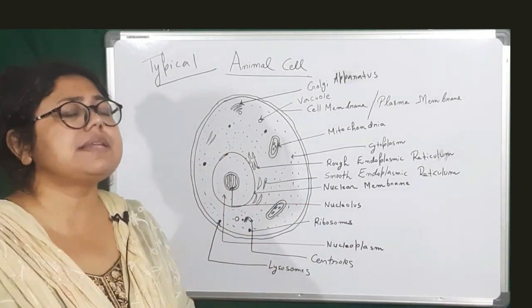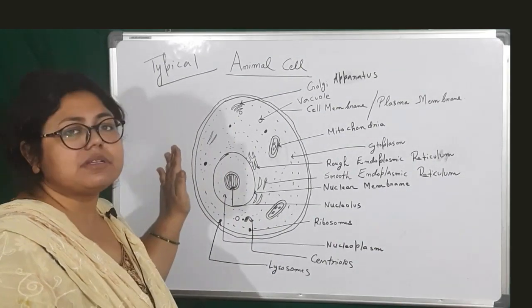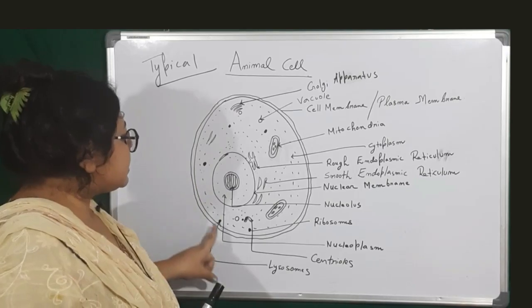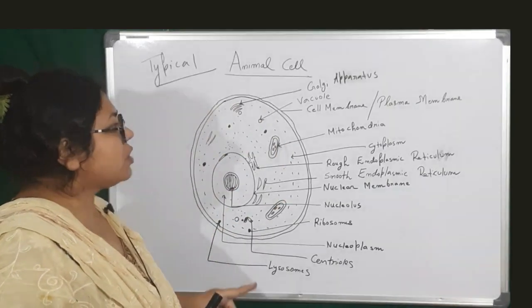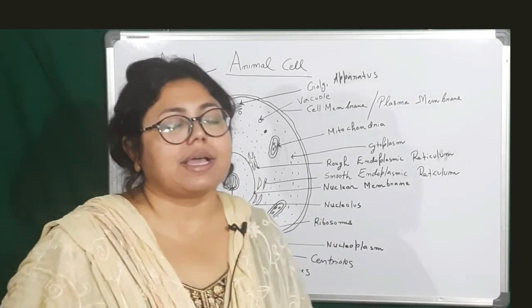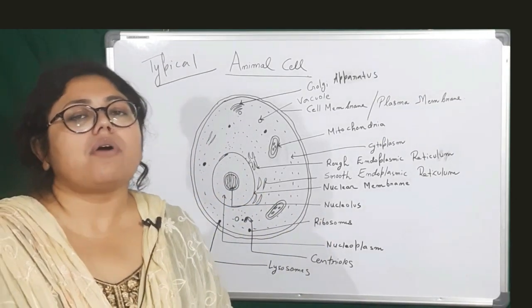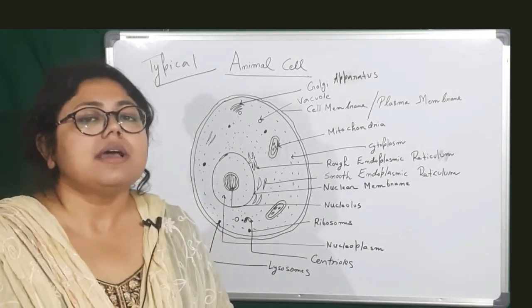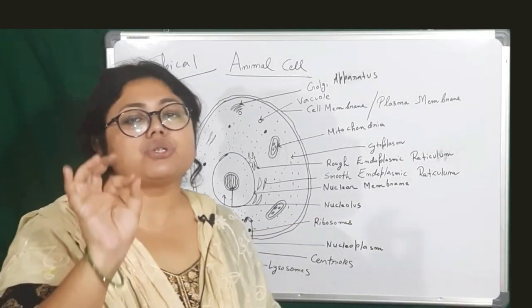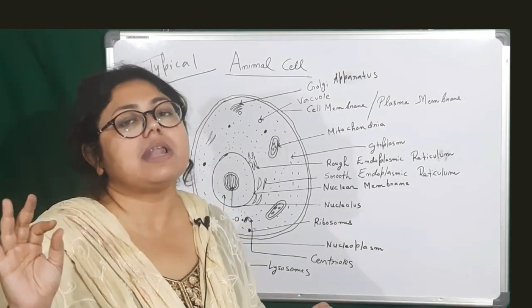So for a simple diagram, this is a typical animal cell which is being shown here. Now, this is the outer membrane, or the cell membrane. When you are doing a drawing, in the case of ICSE and CBSE especially, they give you the drawing and numbers to point out which cell organelle is which.